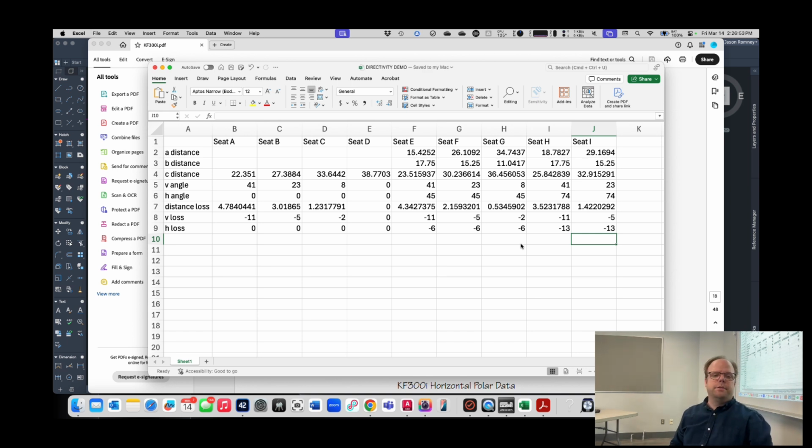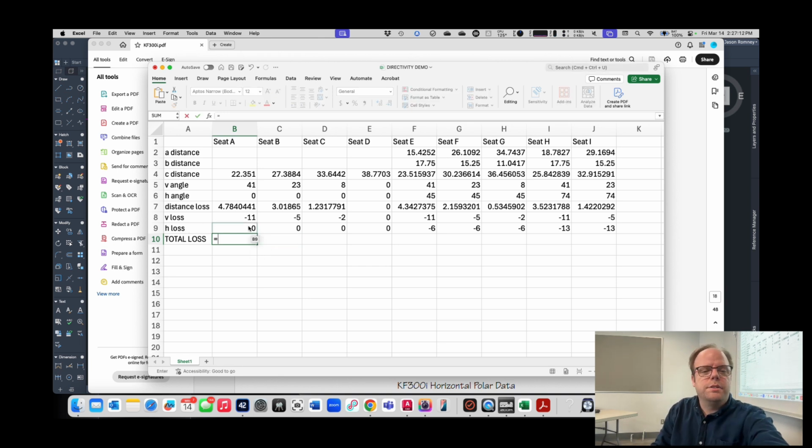So now what is the ultimate answer? Where to put the speaker? Well, I just want to know what is the total loss difference at each of these seats, right? So total loss. And that's just going to be the sum of those 3 things, right? So I'm going to do sum of those 3 values.